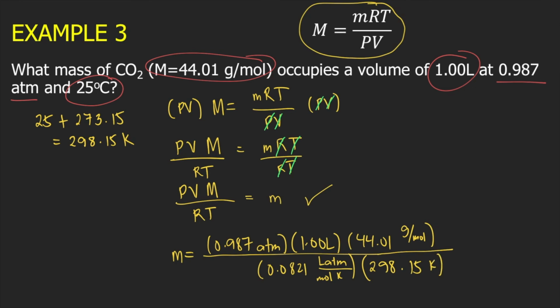So let's see how the units will cancel out. ATM will cancel. Liters will cancel. Moles will also cancel, and Kelvin will cancel. So the remaining unit is grams, which is the unit of mass.